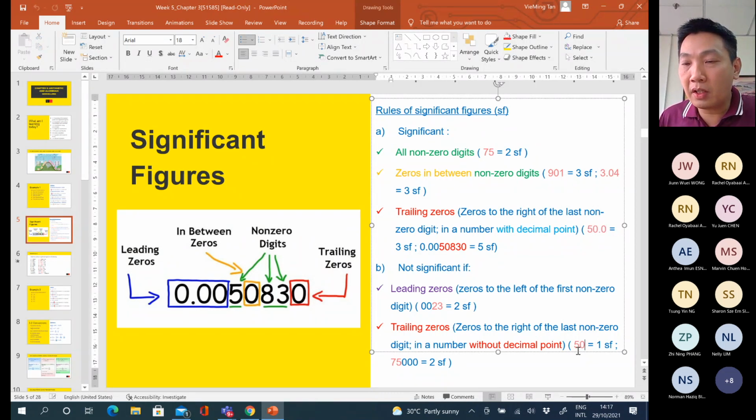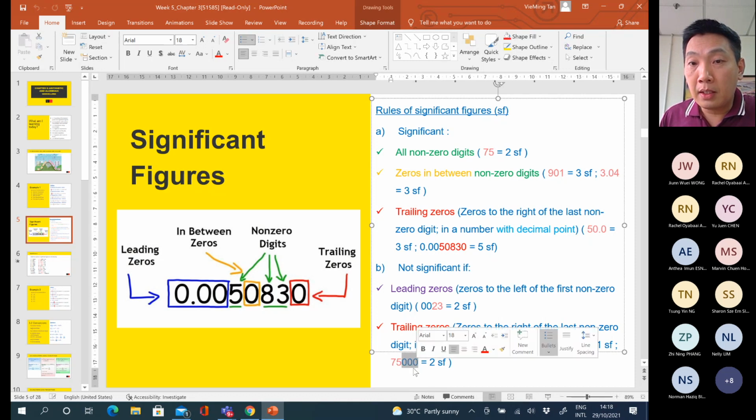But this one has no decimal point after the 0, so the 0 should not be counted as a significant figure. Another example is 75,000. This number does not have a decimal point at the back of the 0s, so these 0s should not be counted as significant figures. So we only count 7 and 5.